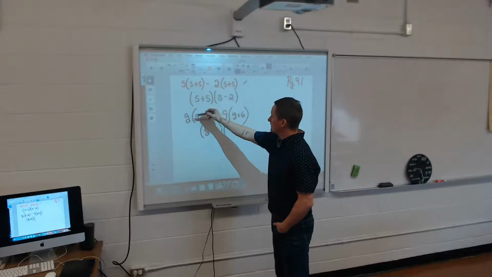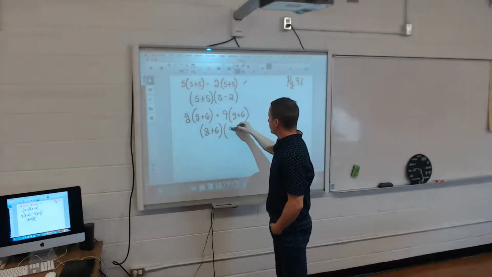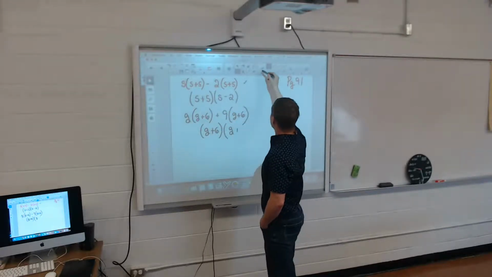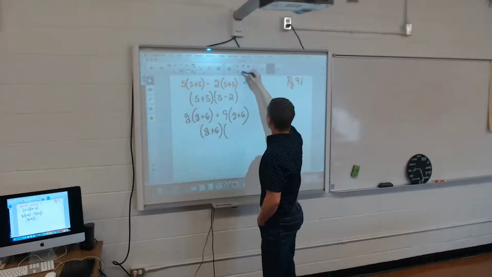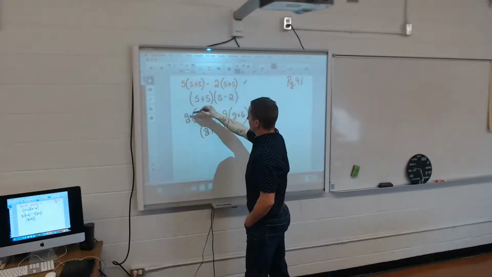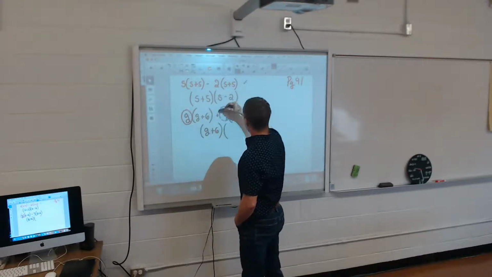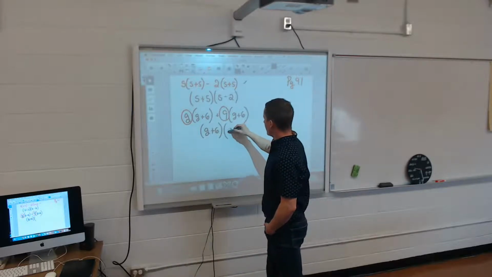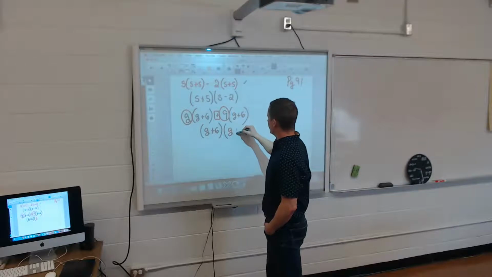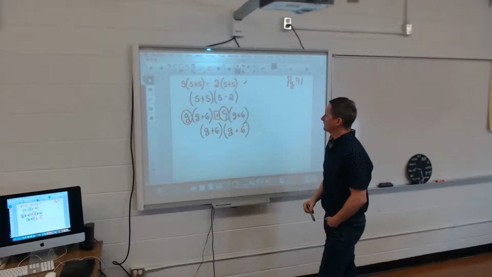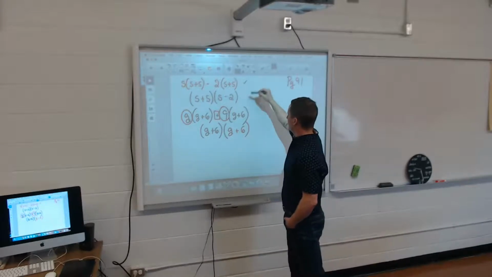So I take the G plus 6 out, what am I left with? G. Let me do this in a different color. So what am I left with? This and this. So I write those down here. G, this sign right here, which is a plus, 6, and that's what I have right there. Oh, sorry, 9. My bad.